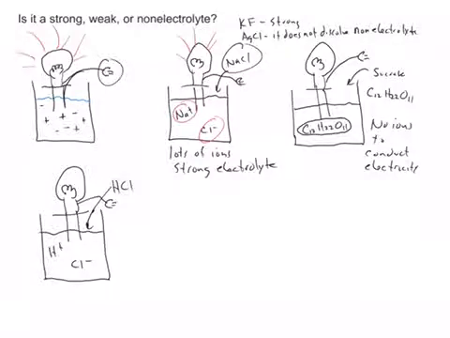They dissolve as ions. It turns out that HCl is a strong acid, so it dissolves totally as ions. There's no molecules in there at all, even though it's a molecular substance. So it's very, very bright. So this is something we would call a strong electrolyte.